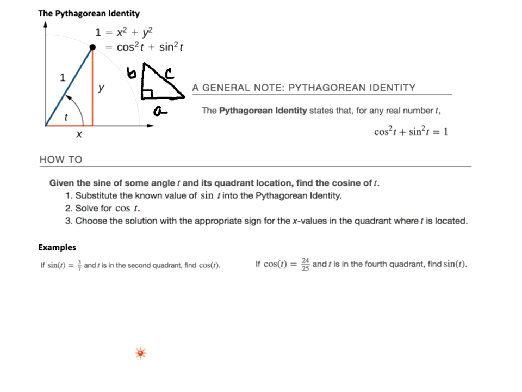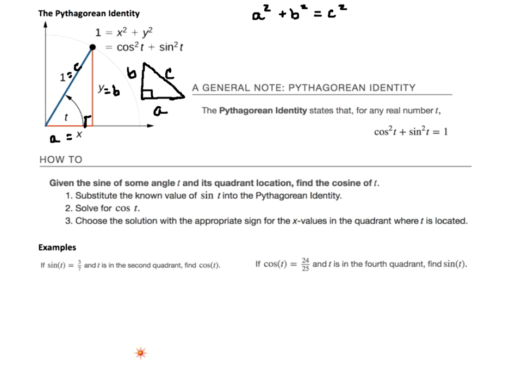And the Pythagorean theorem tells us that a squared plus b squared equals c squared. Well, if I have this right triangle inscribed in my unit circle here, I can relabel these sides. I have my x length, that's like my a, and I have my y leg of my right triangle, that's going to be my b side. And then I have my hypotenuse, which is always 1 because it's a unit circle.